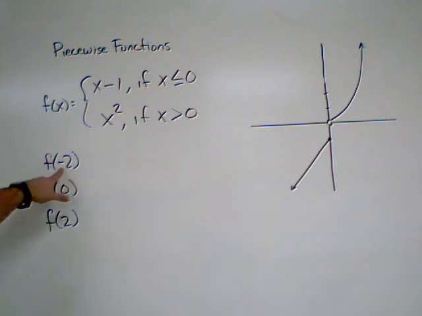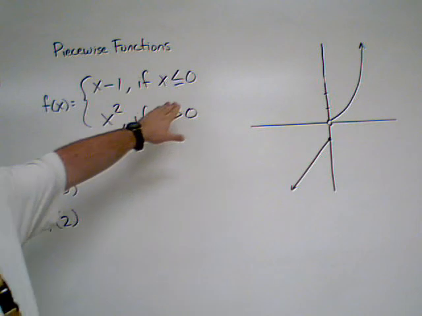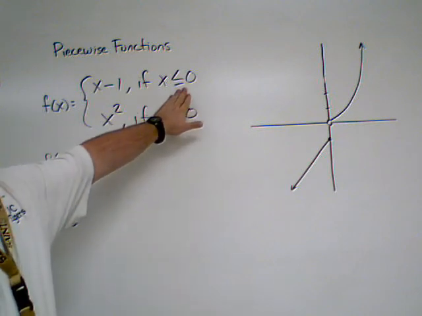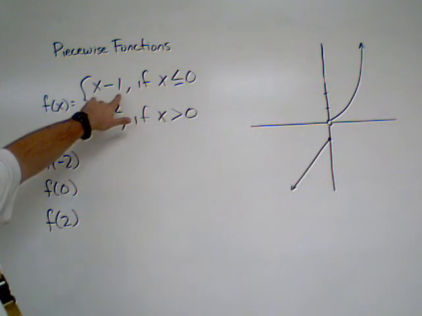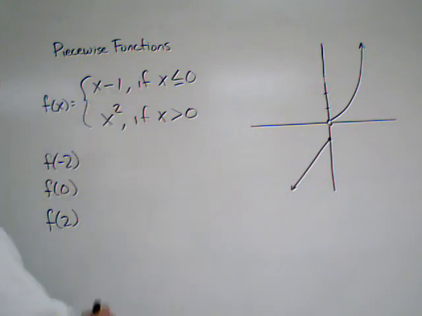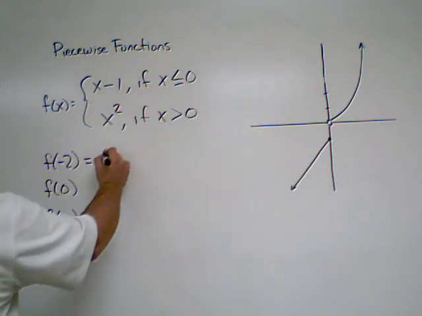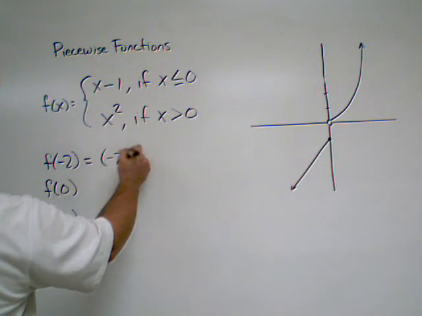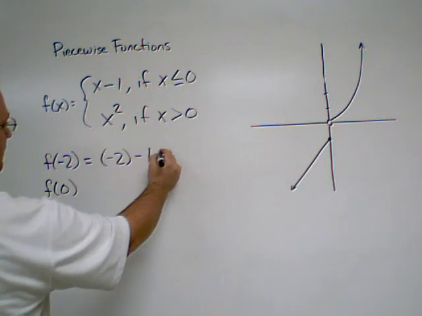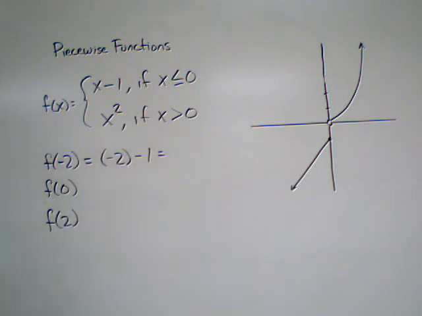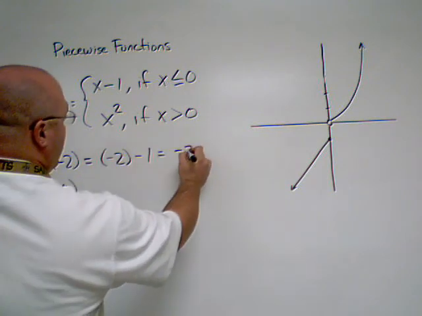Here, x is going to be -2, so we look here, and it fits this condition, where x is less than or equal to 0. That means we want to use this expression. So we plug in -2 into x minus 1, and -2 minus 1 gives us a value of -3.